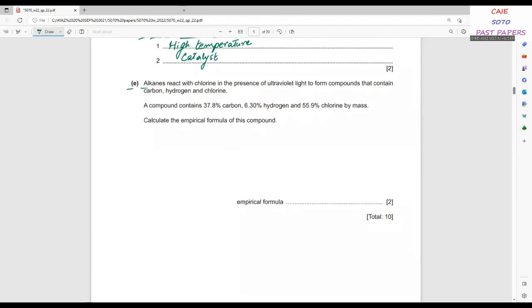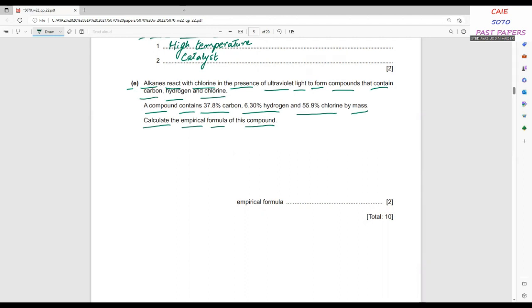E. Alkanes react with chlorine in the presence of ultraviolet light to form compounds that contain carbon, hydrogen, and chlorine. A compound contains 37.8% carbon, 6.30% hydrogen, and 55.9% chlorine by mass. Calculate the empirical formula of this compound.